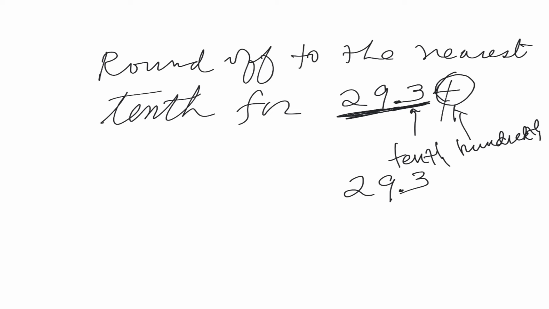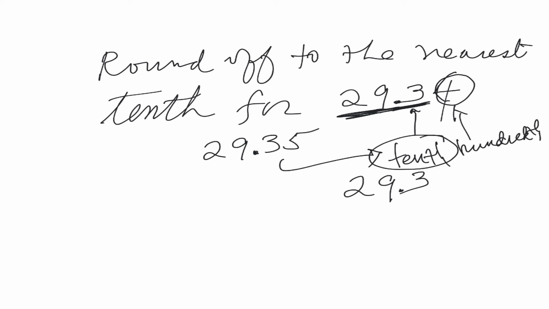Now, if the original number was 29.35, and they want the nearest tenth, then you would have to increase the 3 to 4, because the next number is 5, 6, 7, 8, or 9. So the answer would be 29.4. Okay. All right. That is how you would do it.